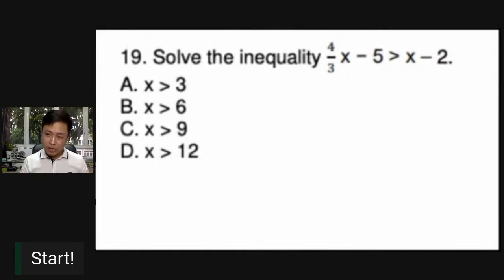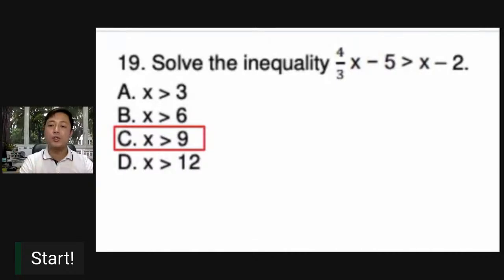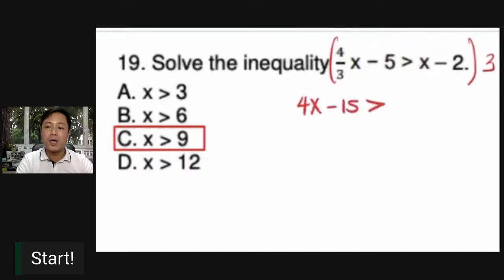So when dealing with equations or inequalities with fractions, the best method is to get rid of the denominator first. The first thing that you need to do is to multiply each term by the denominator 3. That means 4/3 x times 3 will give you just 4x, minus 5 becomes 15, x becomes 3x, and -2 becomes -6.